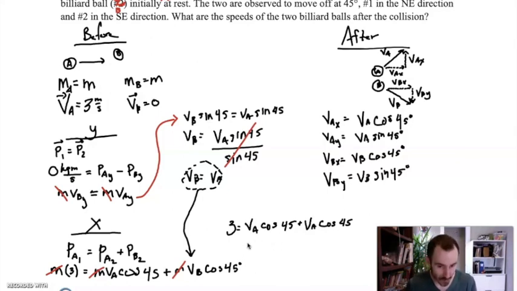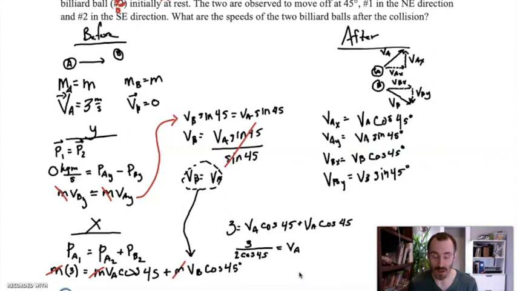And so what we end up with is 3 over 2 times the cosine of 45 equals the velocity of ball A. That's at the end. We're talking about at the end of the thing.